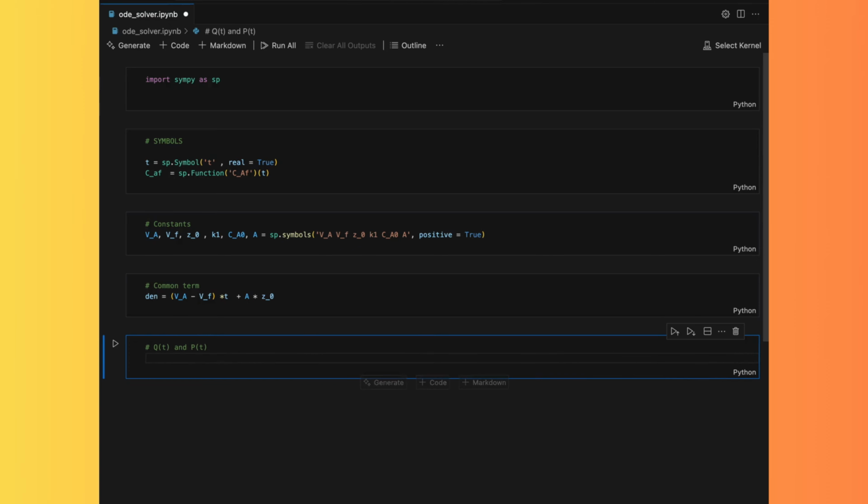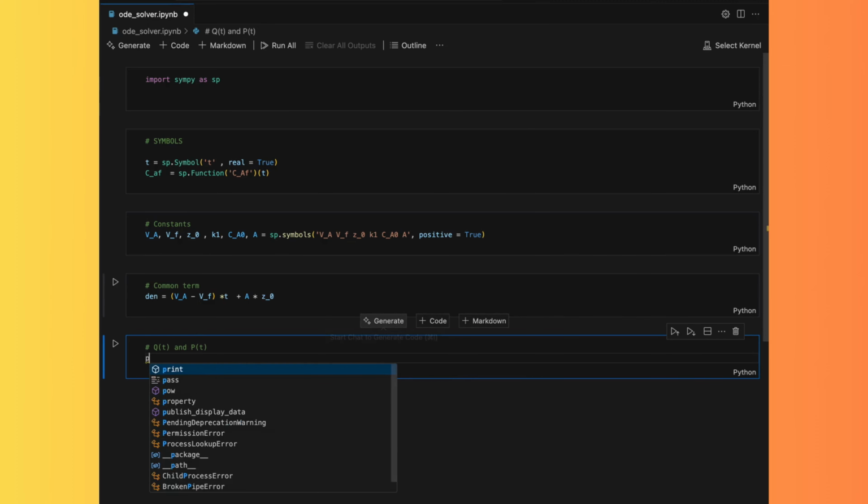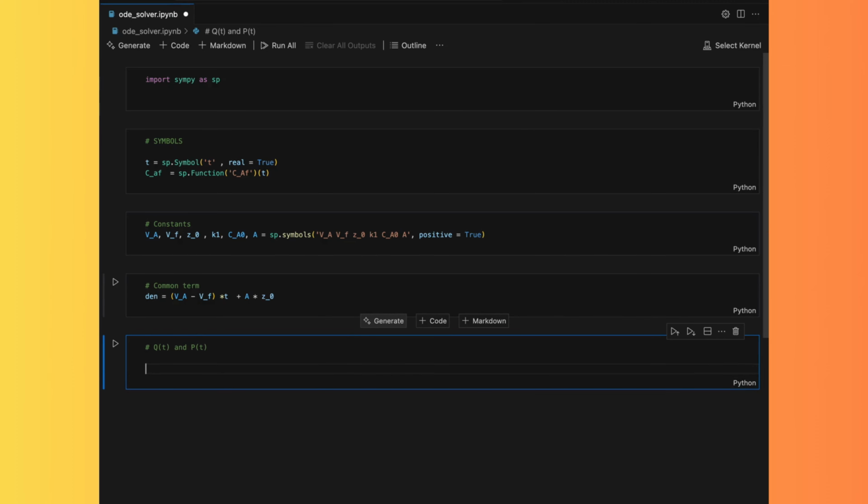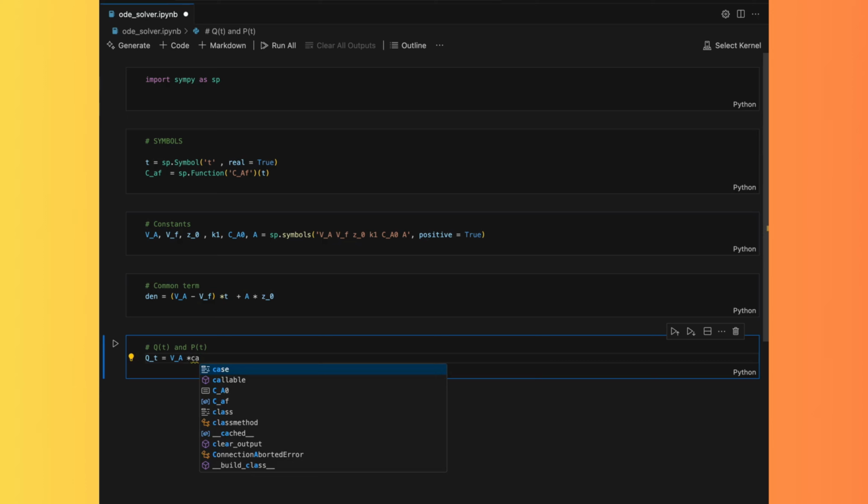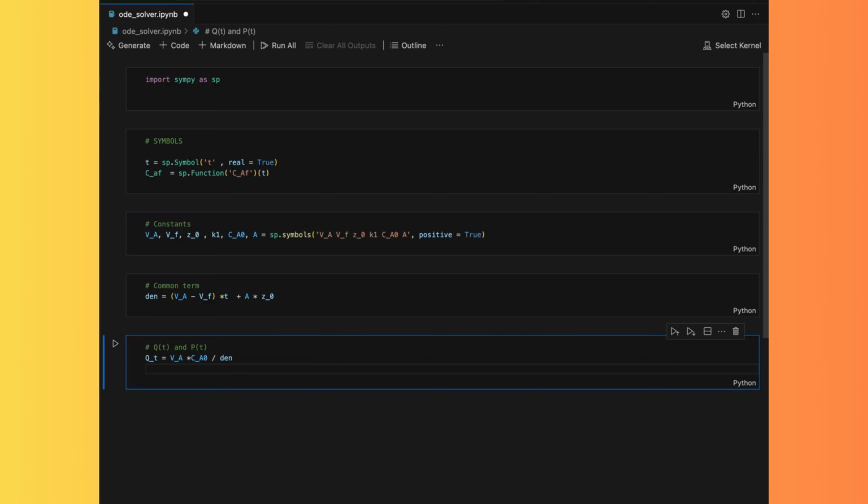Let's write first the PT, or QT first. QT is VA times CA0, respectively. Should be true.